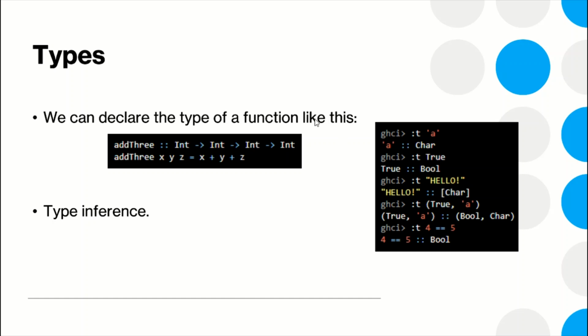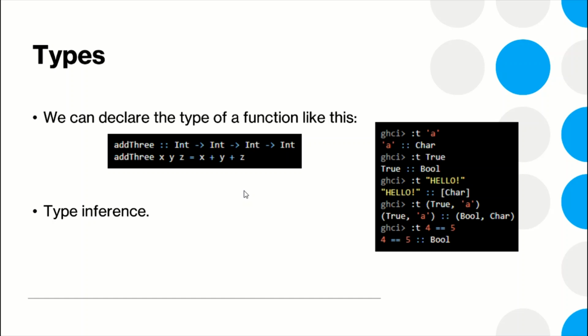The last one is the type of the result. So for example, here we specify that the add3 function is going to take 3 parameters, all of type Int, and it's going to return an Int.